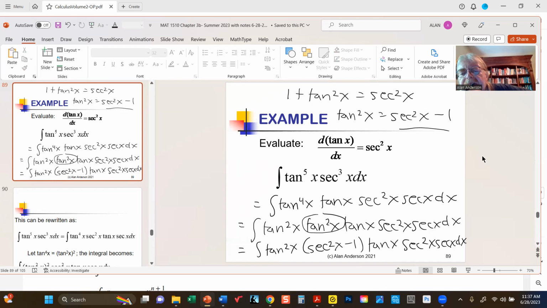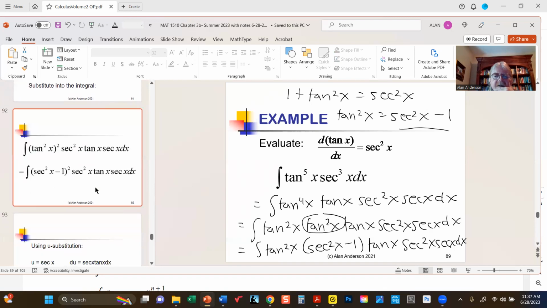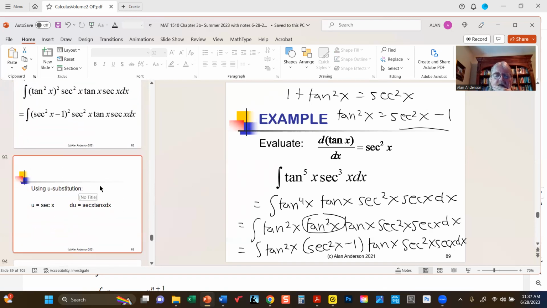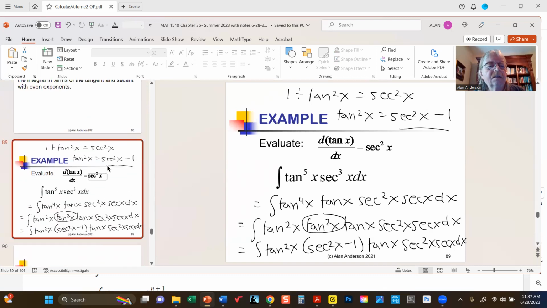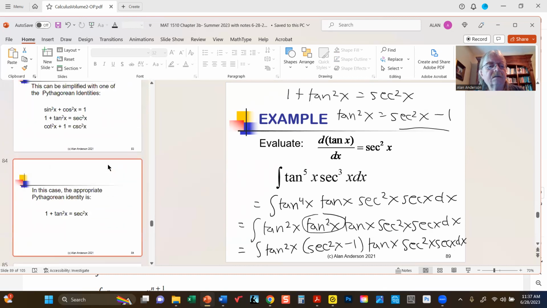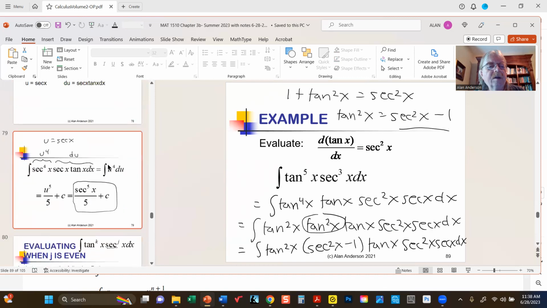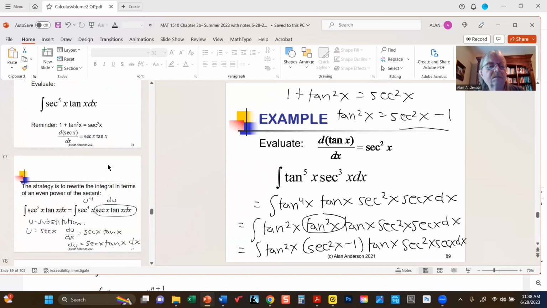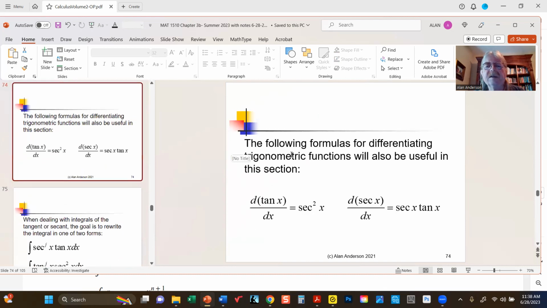So let's see, what can we do with this? Oh, also, don't forget the derivative of the secant, from way, way back up here.